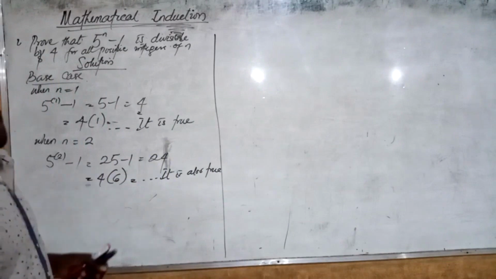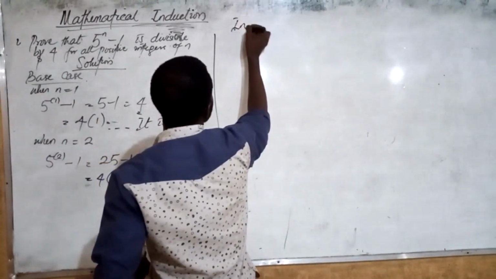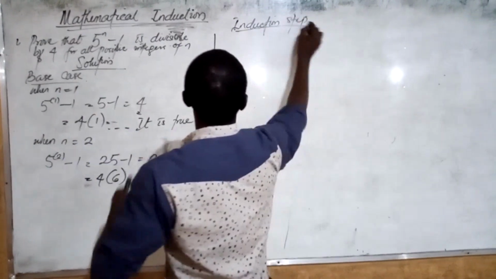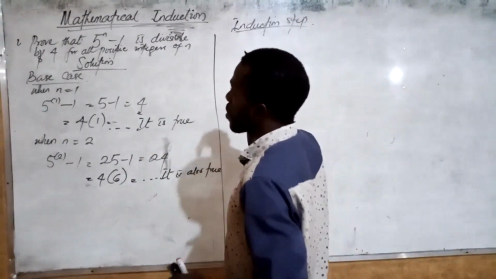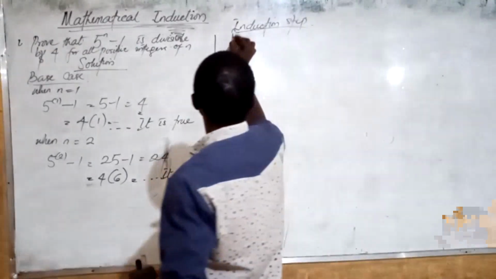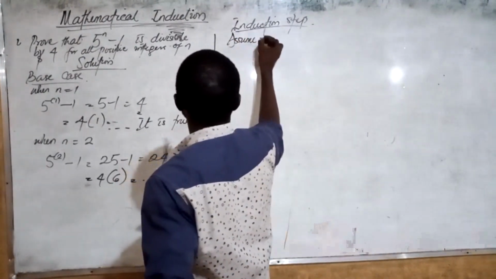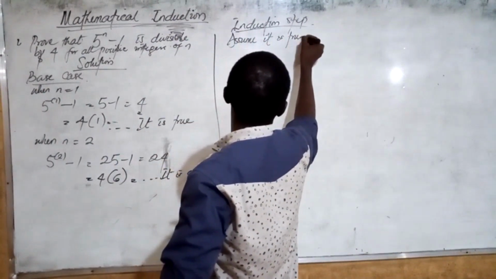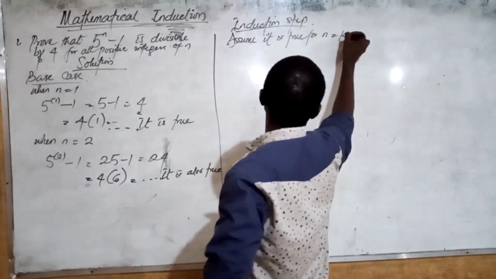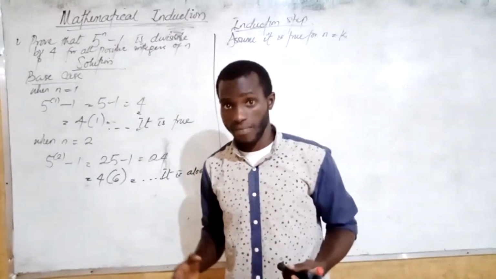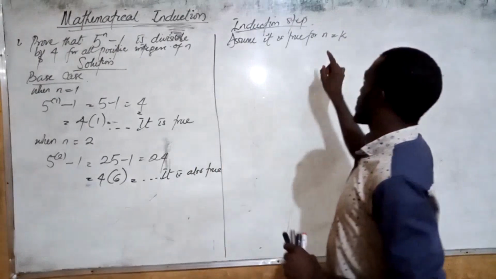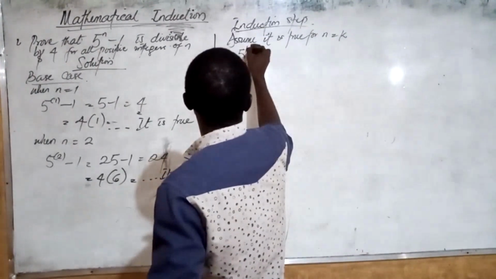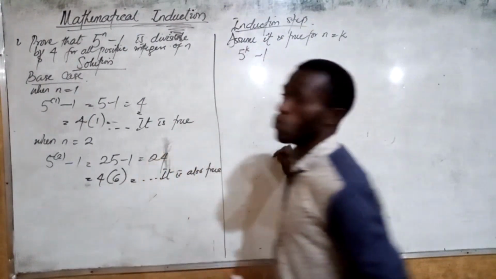And how do we now test that? Actually, in induction, so this is the induction step now. In induction, we say we assume that the statement is true for n equals a particular algebra k. So we assume that it is true for n equals k, so that our statement becomes 5 to the k minus 1.